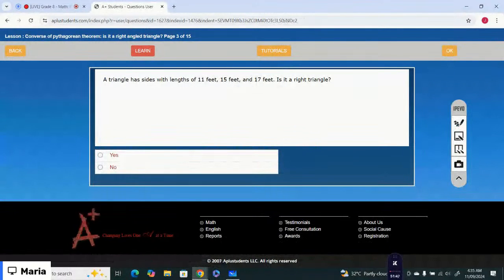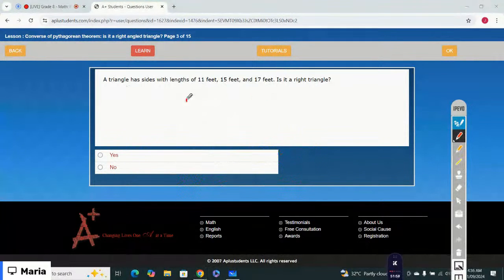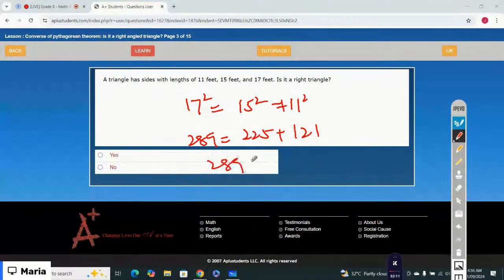A triangle has side lengths of 11 feet, 15 feet and 17 feet. Is it a right angle triangle? Okay, I think no, that isn't. 17 square equals 15 square plus 11 square. That is 289, 225 plus 121. So 289 is not equal to 346, right? They both are exactly not equal.